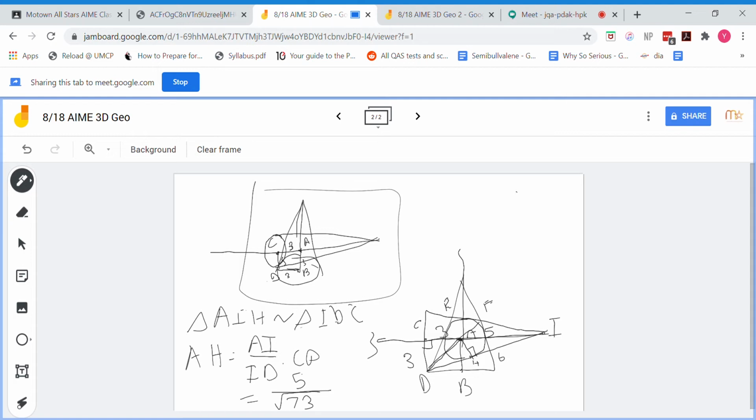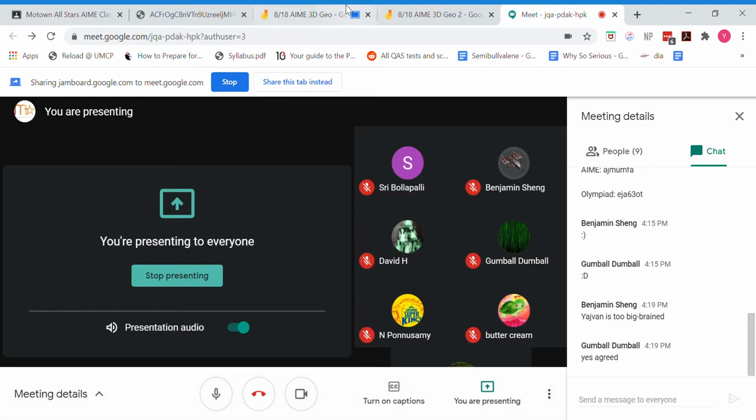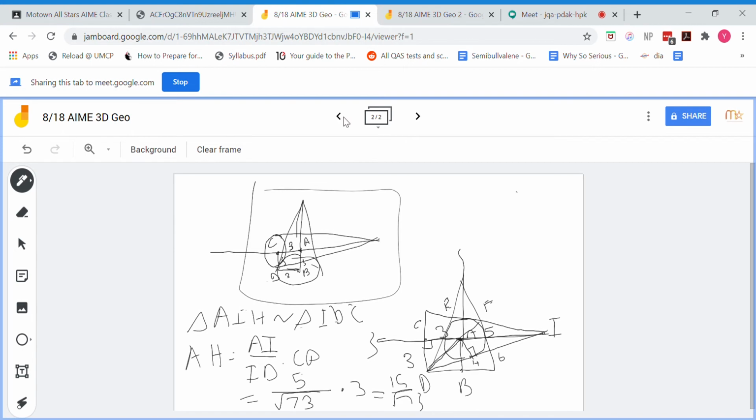Because ID is equal to the square root of 8 squared plus 3 squared, and CD equals 3. And so we can compute then AH equals 15 over root 73. Alright, so that's why you should always keep in mind how the triangles are similar. It's always best to write it out explicitly so you don't make mistakes like this.